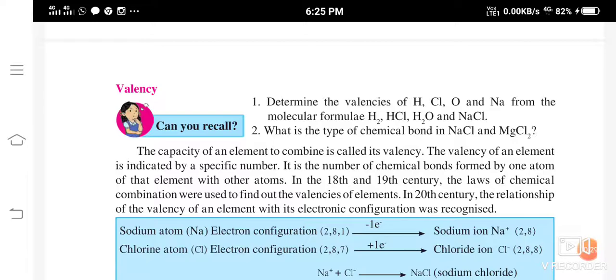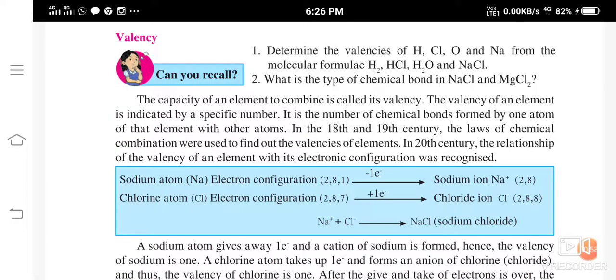Now, can you recall? Determine the valencies of hydrogen, chlorine, oxygen and sodium from the molecular formulae H2, HCl, H2O and NaCl. You are going to find the valency by studying the molecular formulae.